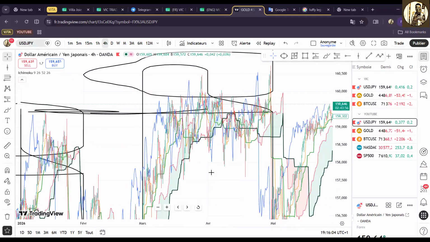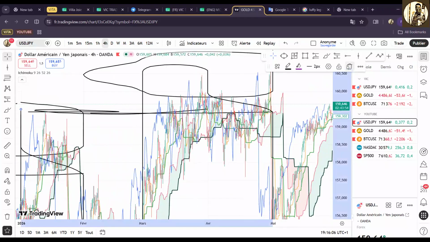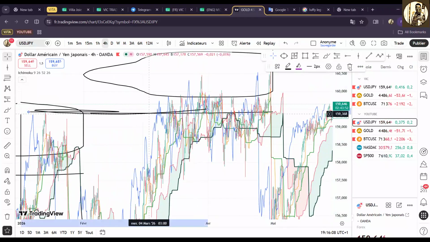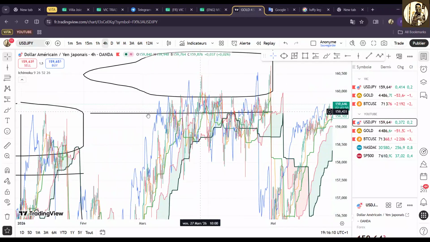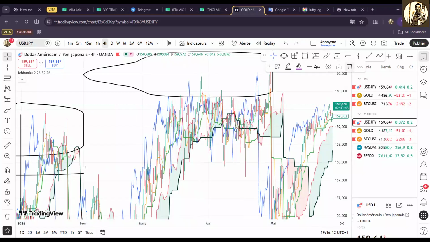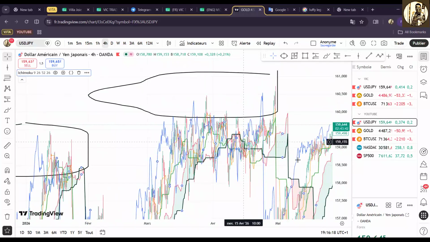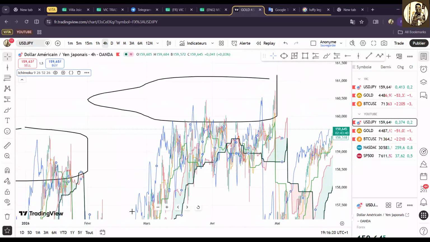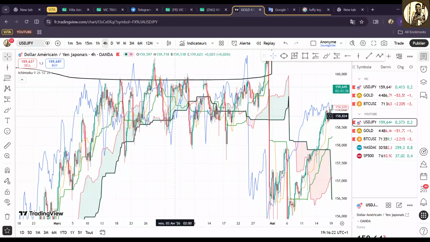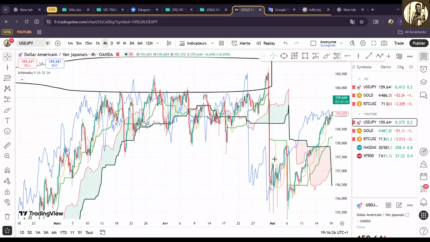Let us spot this one. Let us use this one. Let me try to remove some lines so that I stay with a clean chart. So you see at this level, what happened just above the high.